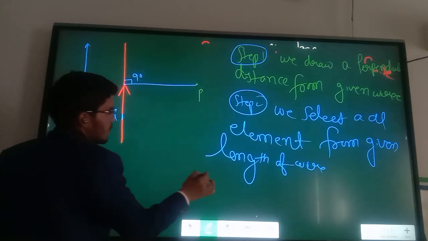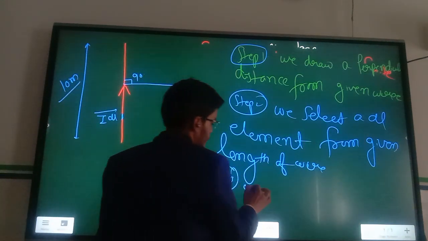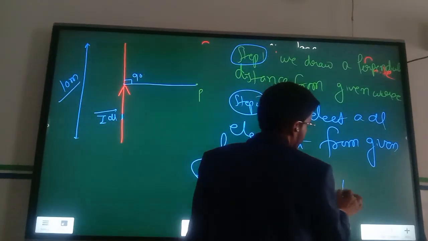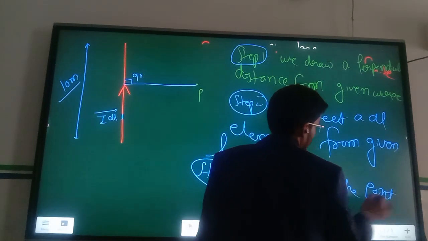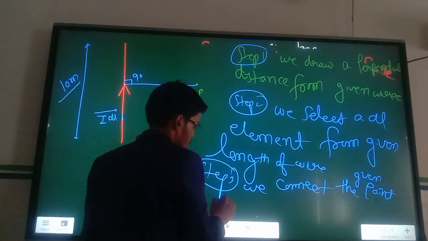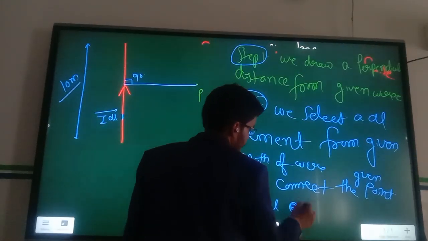Now the third step is we connect the given point to the dl element point.